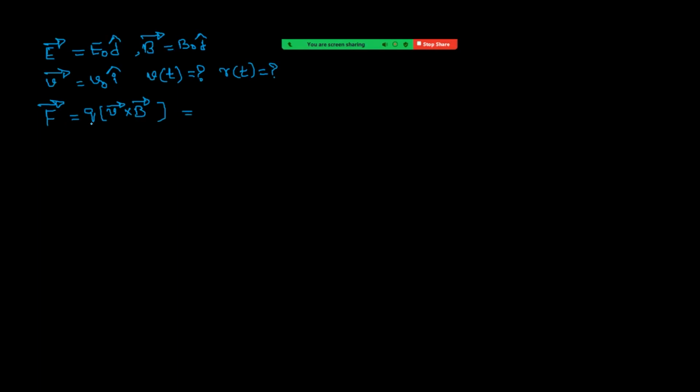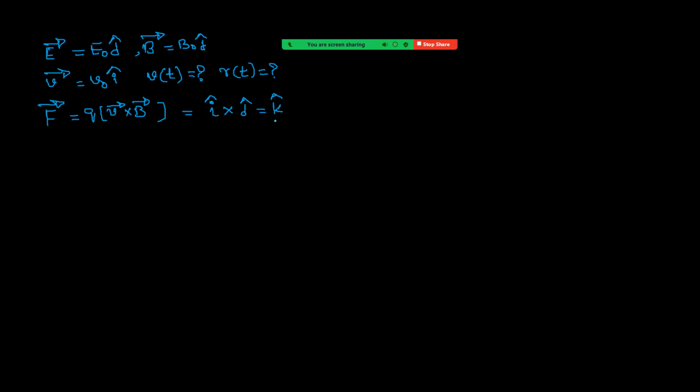Suppose nothing is mentioned, take charge as positive. Velocity is along i cap. So i cap cross, I am focusing only on the direction part, i cap cross B bar along y-axis. So i cap cross j cap is now k cap.